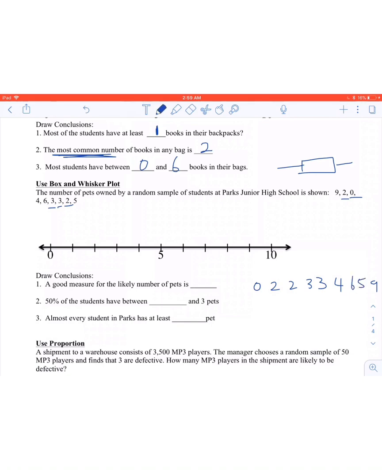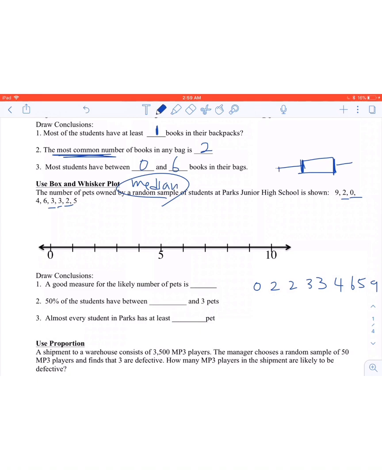I want you to know that a box and whisker plot represents the medians of the data. Median means the middle number. Notice there are 2 lines here, which represent the middle of the middle. But we always have to have somewhere to start.